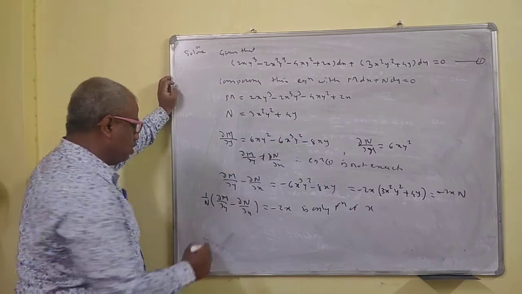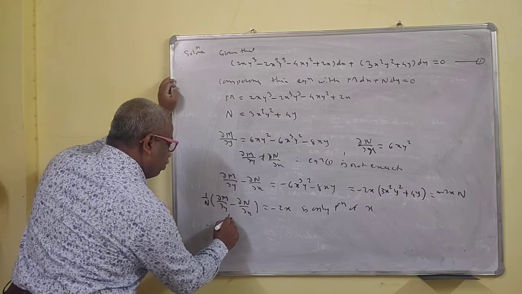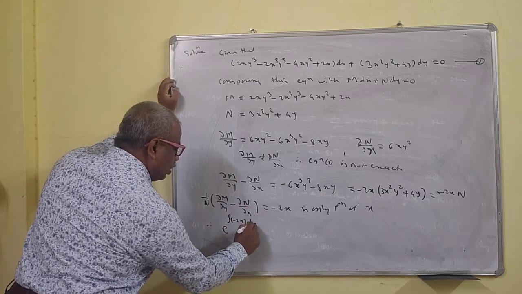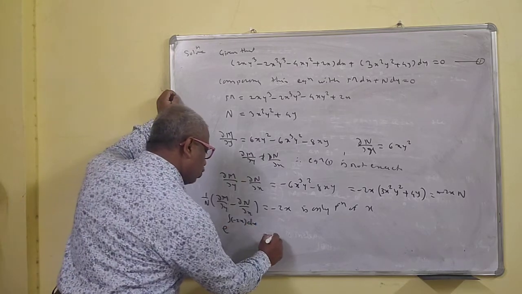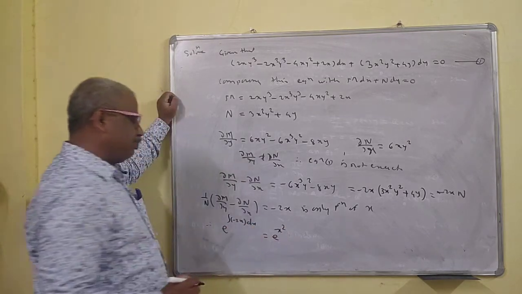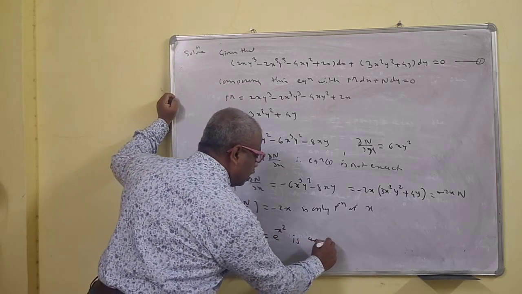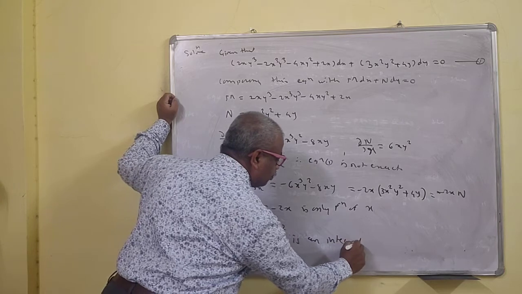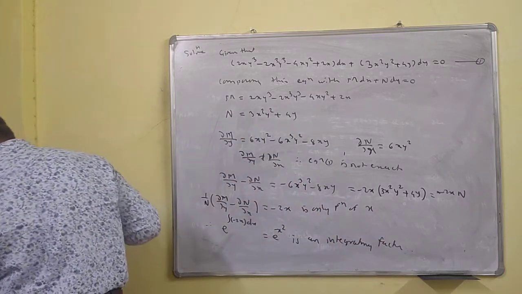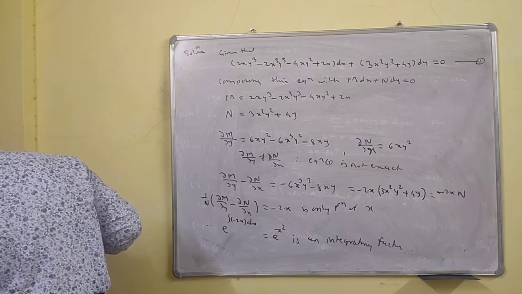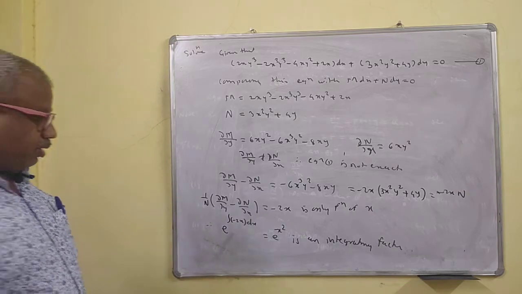Therefore e raised to integral of minus twice x dx, so e raised to minus x square, is an integrating factor.